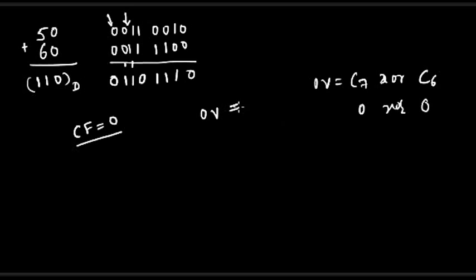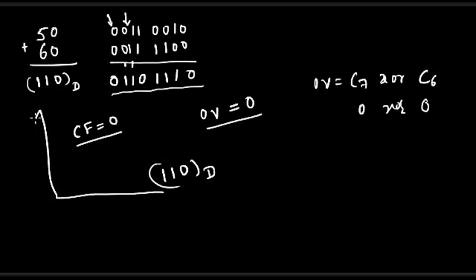So overflow flag is set to 0. As overflow flag is set to 0, we can say that whatever result we have got is the right result. If we calculate the decimal equivalent of this, it is nothing but 110 in decimal, which is the right answer.